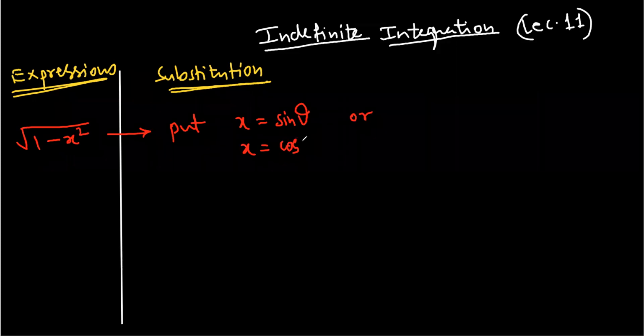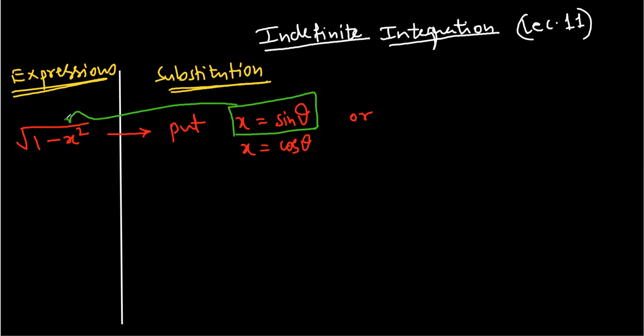Now, why this substitution? The answer is very simple: if I use such a substitution, it helps me remove the square root. How does it help?